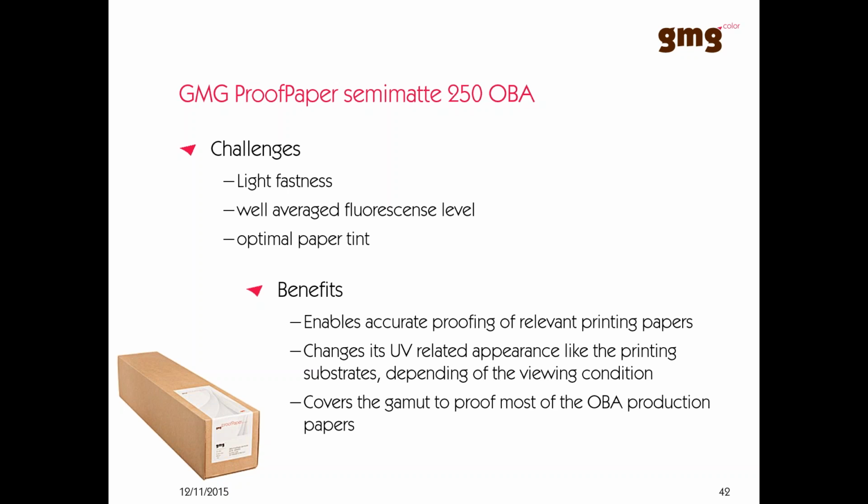Whenever the viewing condition is not optimal, whenever you have a window nearby, or maybe someone has a light booth with a UV cut screen or with whatever kind of different bulbs in, whatever changes in lighting conditions that are UV related, the appearance of an OBA proof would change much closer to what we see on a printing paper. We had to make sure to cover the different printing papers, and that also was much easier with the development of an OBA paper.